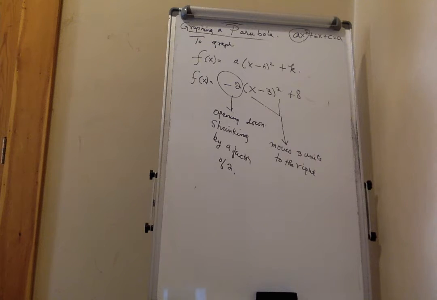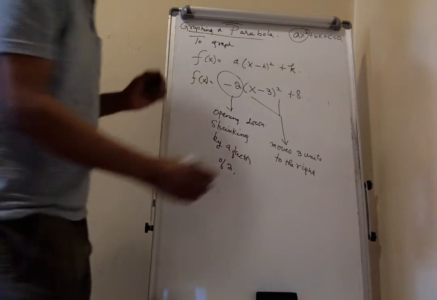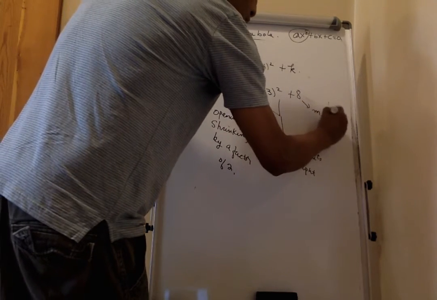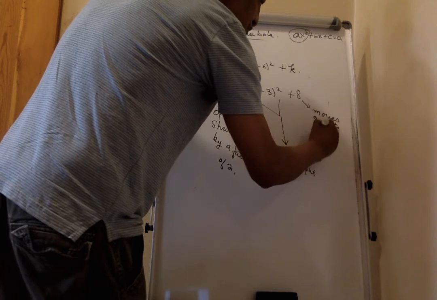And then the plus 8 tells me the parabola moves 8 units upwards.